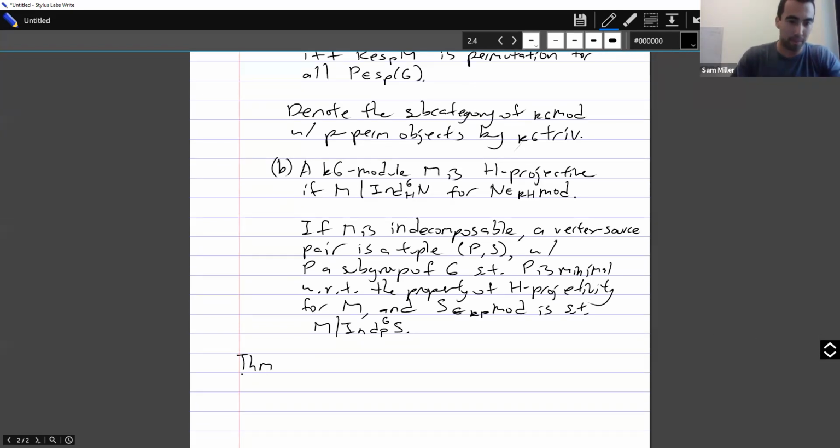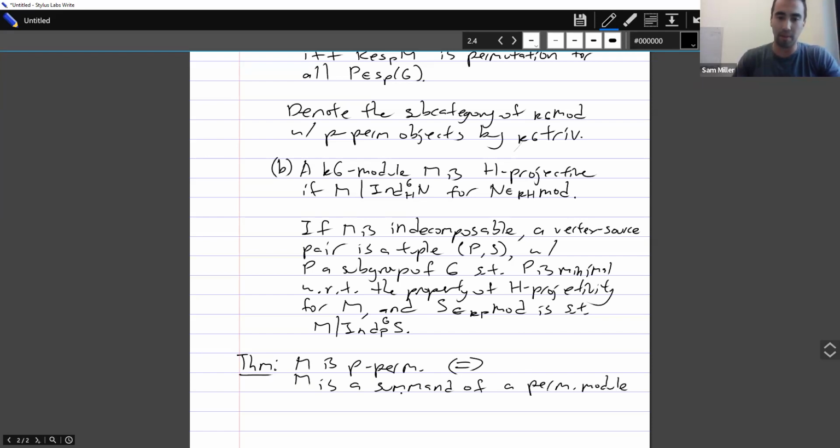And so one theorem we have that characterizes p-permutation modules is that M is p-permutation if and only if M is a summand of a permutation module, if and only if every indecomposable summand of M has trivial source.